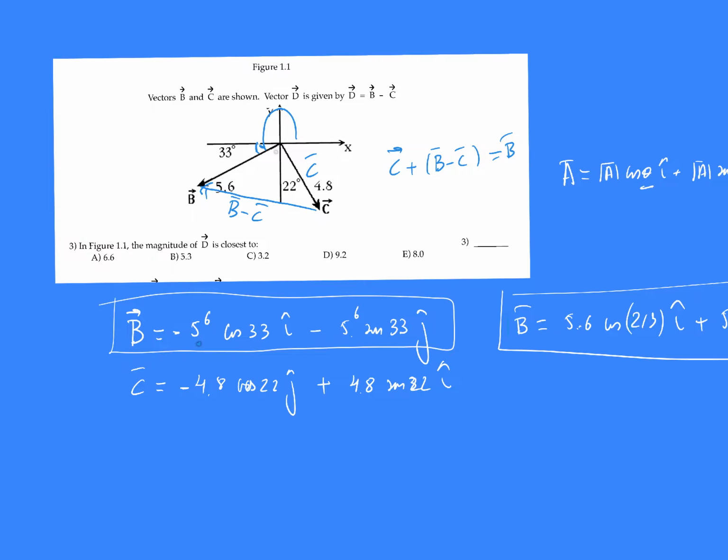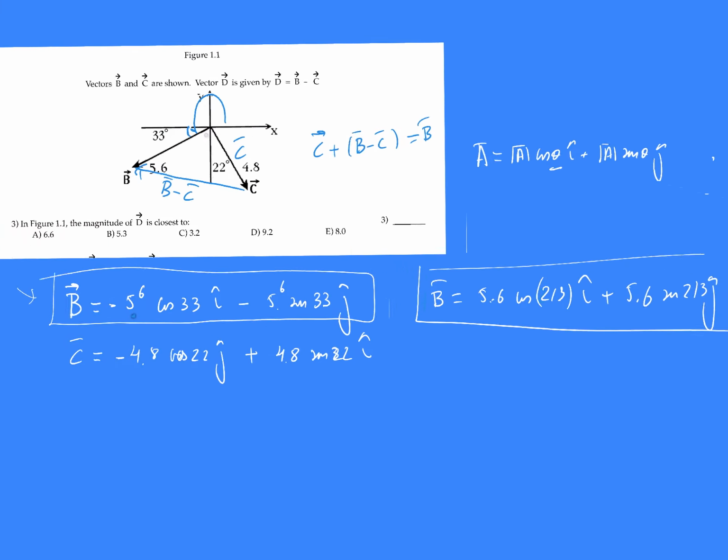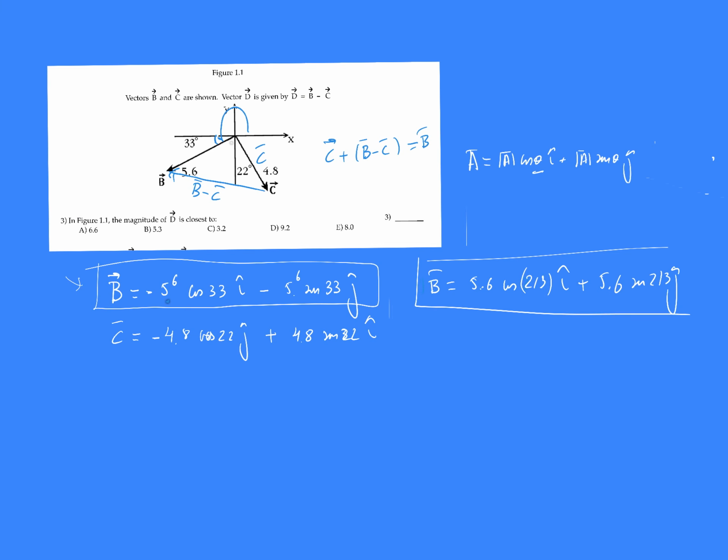But if you do it like this, you visualize the vector. Now the vector c: you see that I wrote the j first and later the i, so you need to reorder the vector c. But I'm going to write the vector c directly, using the standard form.